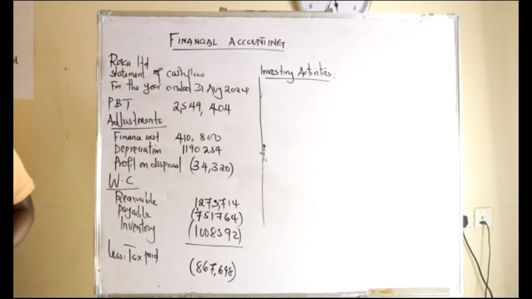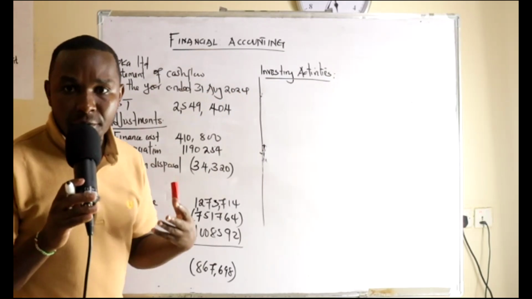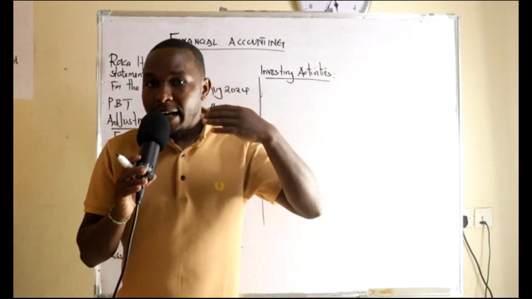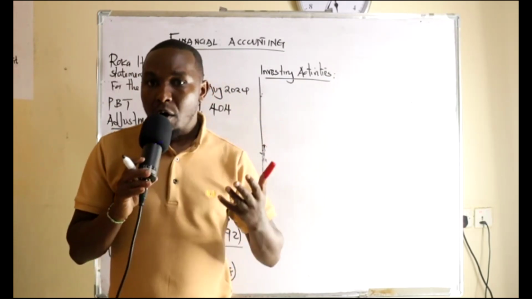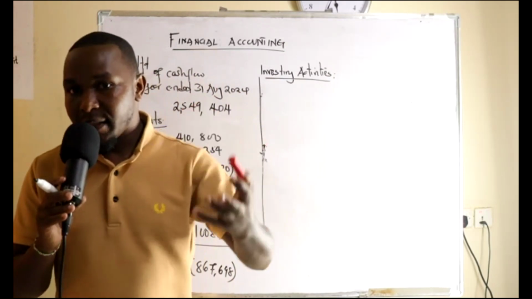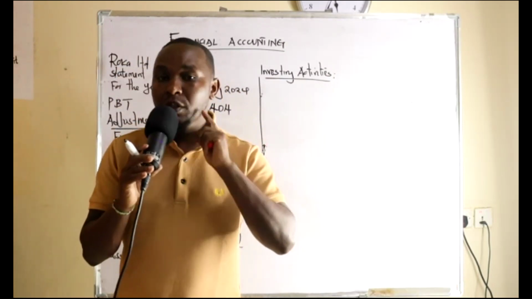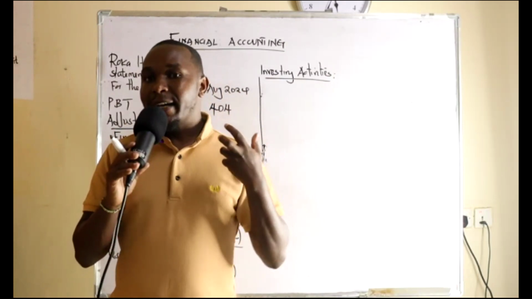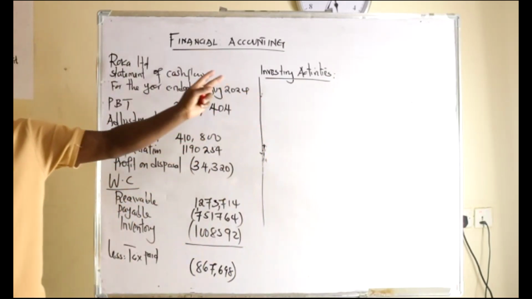We normally capture the cash proceeds which we receive from disposing our assets, or the cash paid to acquire some of the assets, or the dividend we received from other investment. But the examiner will not provide you this. You have to do the workings so that you can identify these investment activities.